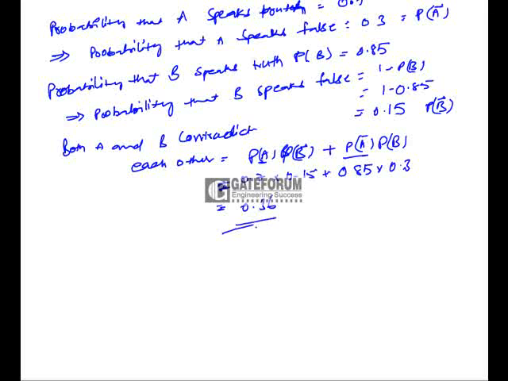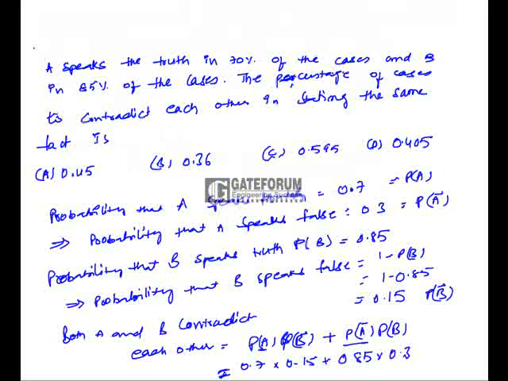Sorry, the percentage is 36. Here it should be the probability of cases. If it is percentage, then it should be 36%. So here the correct option is option B.